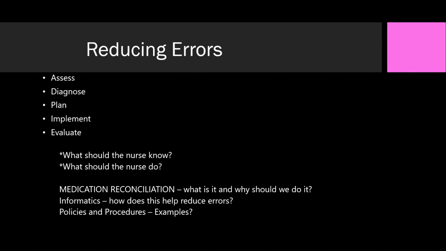If you feel that an order is questionable or unclear in any way, shape, or form, it is your due diligence to question that with the provider. Some orders are very explicit, very detailed. Some orders for medications, maybe not so much.